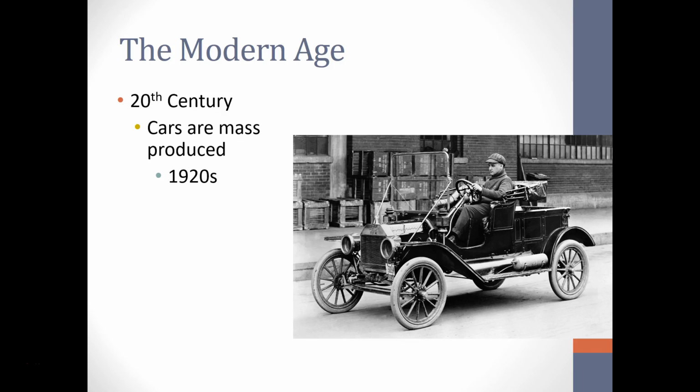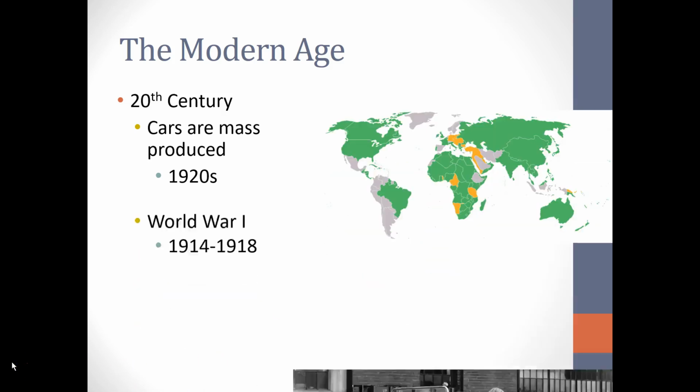It's not very funny, is it? But this was a huge impact because now they can make things very efficiently and very quickly. So the mass assembly line, all of those things made things more affordable for people. So as cars are mass produced, this is going to lead to numerous other things in the 20th century.